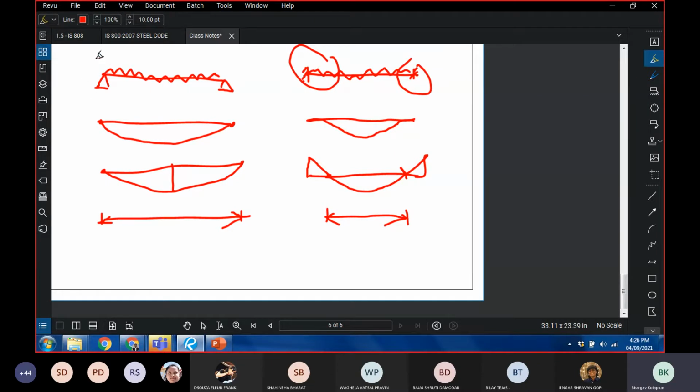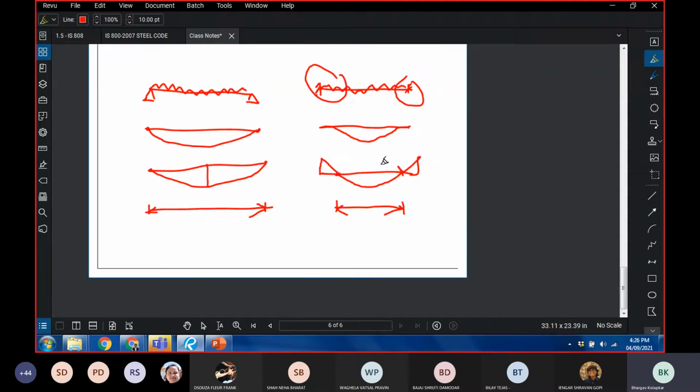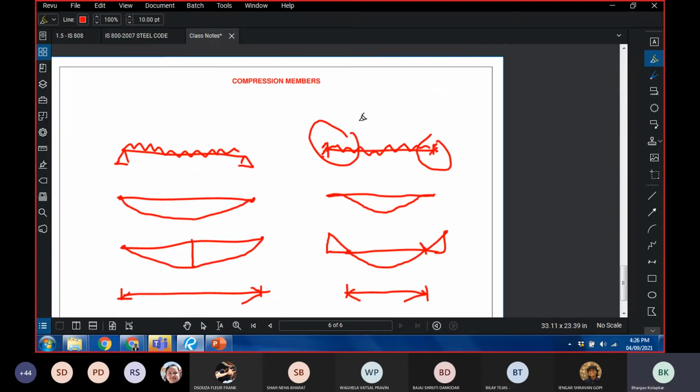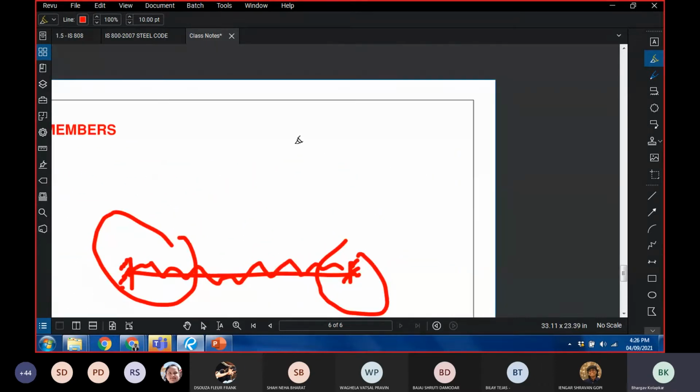For example, when we have a simple support, the points of inflection are at the support themselves. But when we have a fixed support, the points of inflection move inwards. If there's a third condition, say where one of the supports is pinned and the other support is fixed, in this case, the deflected shape would look something like this.